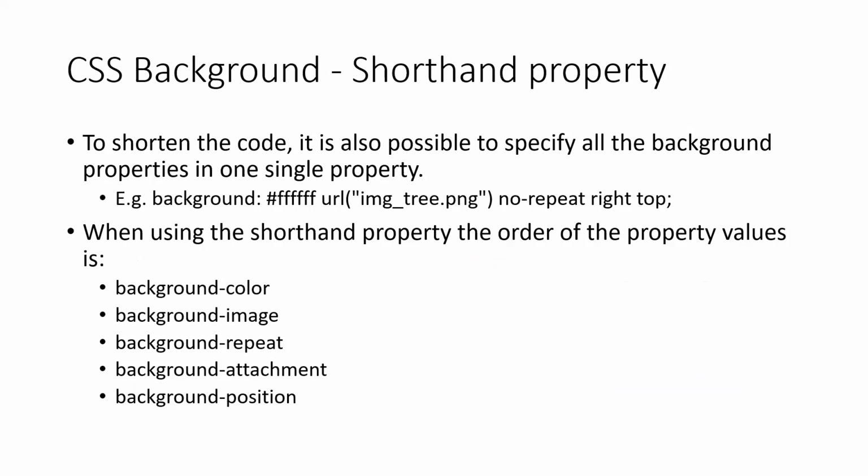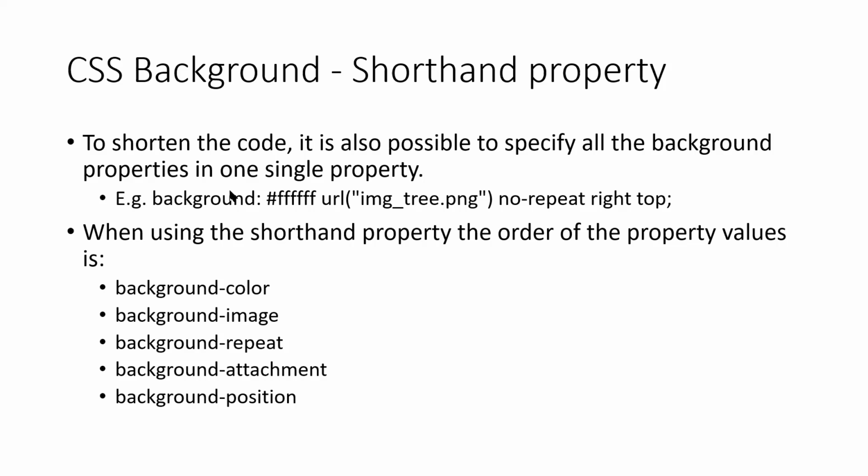Then there are shorthand properties, when you have multiple things come under one. For example, we have background, and we can change the color, the image, the repetition, the attachment, and then the position; everything you can put in one, right?